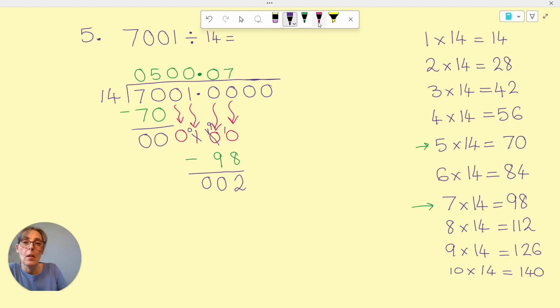Okay. So I'm going to bring a 0 down, and I'm going to put it on the end. And we know we can fit 14 into 20, but 1 time. So take away 14. And let's try it one more time.